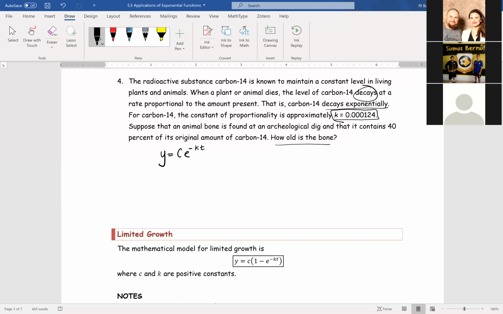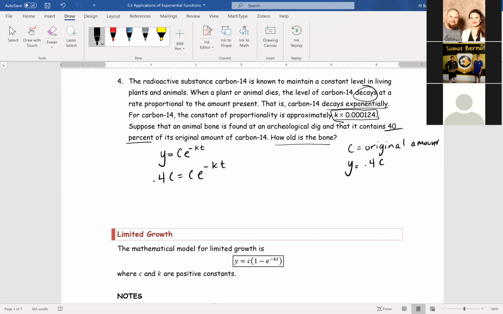Now it says that there's 40% of its original. So if C is the original amount, Y is equal to 40% of that. So 40% being 0.4, this is 0.4 C equals C e to the minus KT.